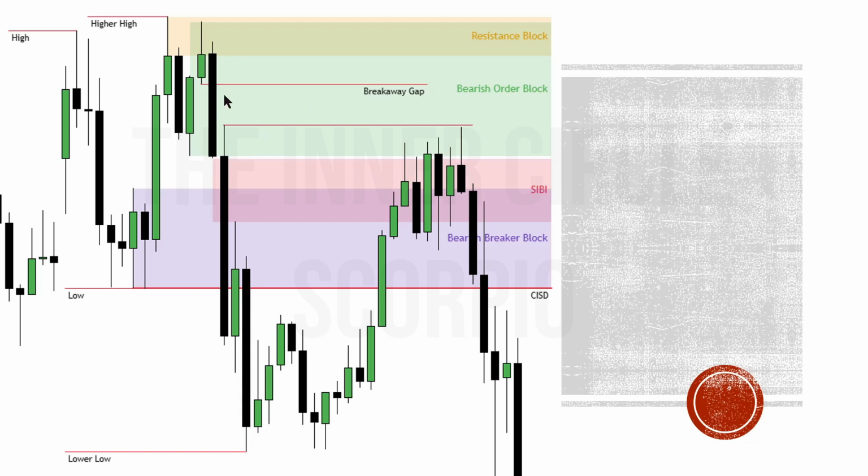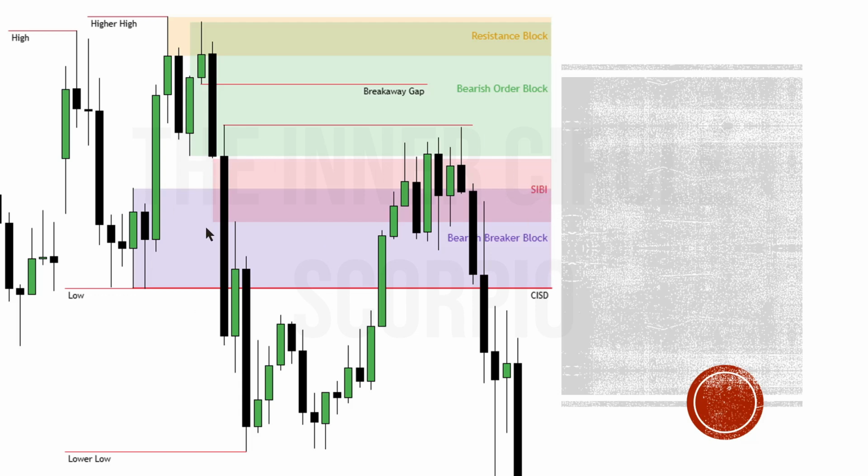If you feel confident, you can even make this area over here your way of changing state of delivery. But if you want to look at it from a higher perspective, this could be a change in state of delivery as well. So this is our resistance block, this is our order block, this is our bearish breaker block.